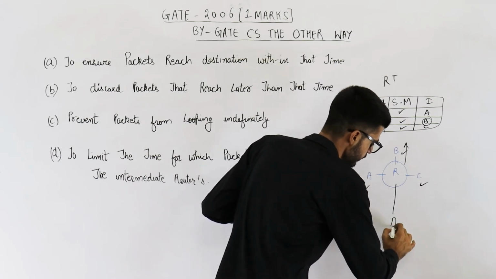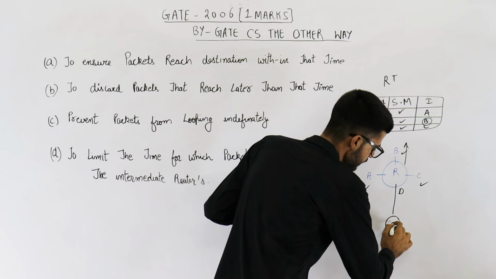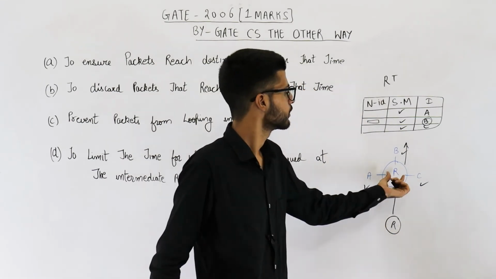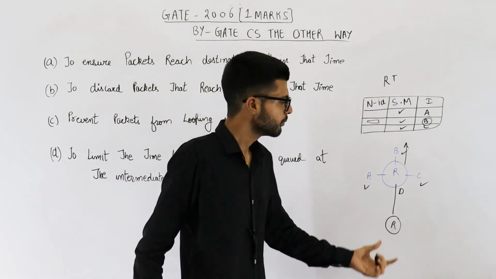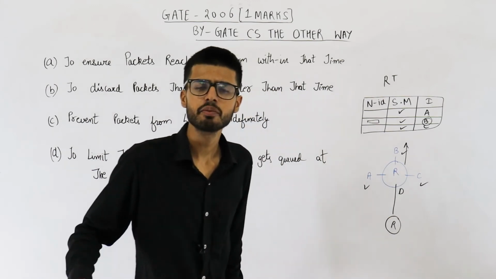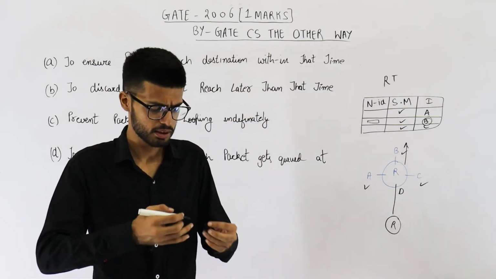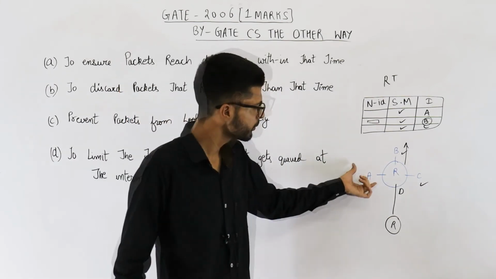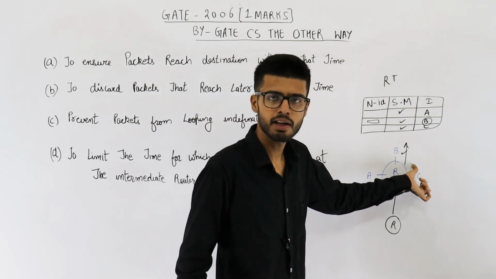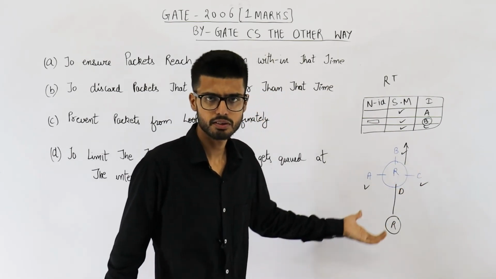Router D or interface D. Then we are going to forward the packet to this router. Because this router can never be connected to each and every network in the world. It could be connected to a maximum of 3 networks if it has 4 interfaces.